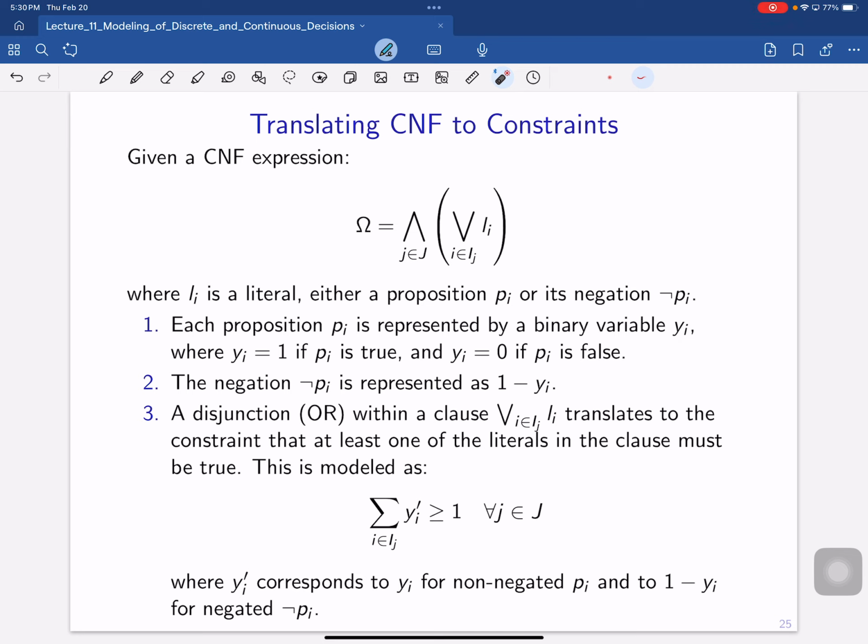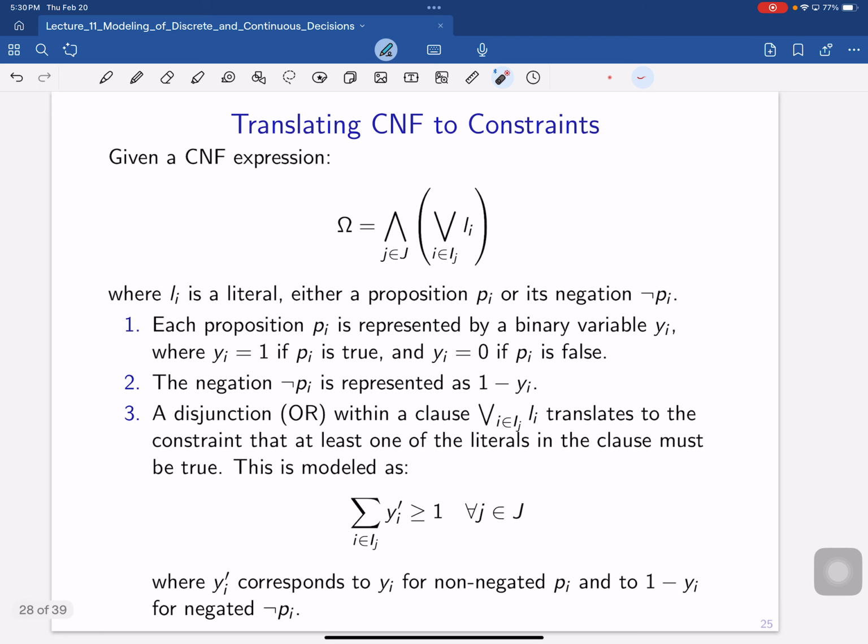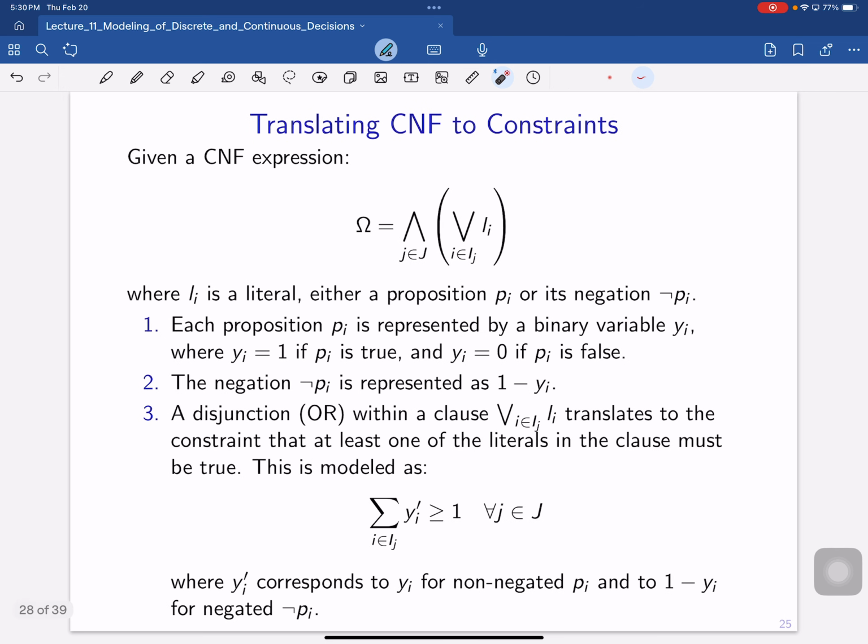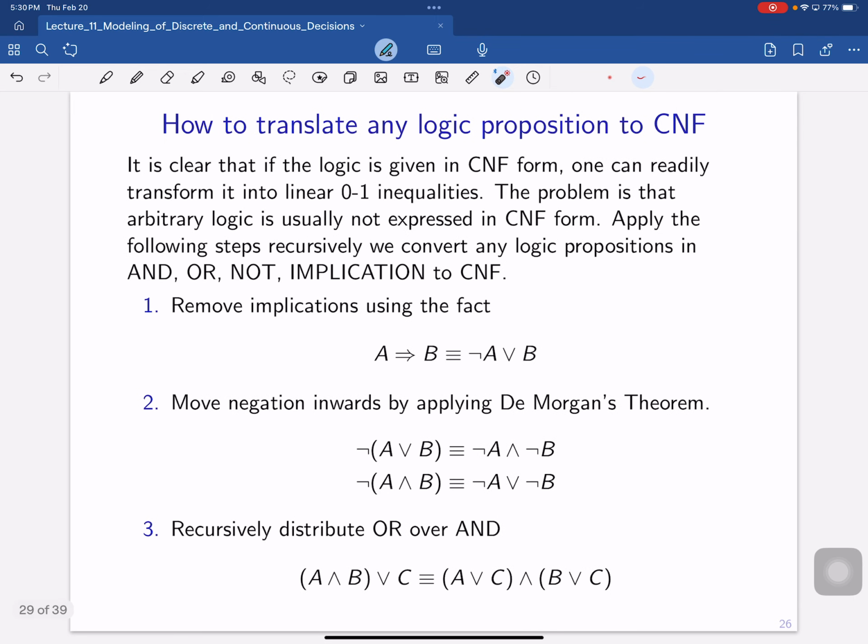Now, hopefully it is clear conjunctive normal form can be easily translated into 0, 1 inequalities. Now the next question we need to answer is, if I give you any arbitrary logic proposition, how do you translate it into conjunctive normal form? So here's the recipe in 3 steps. The first step is removing the implications.